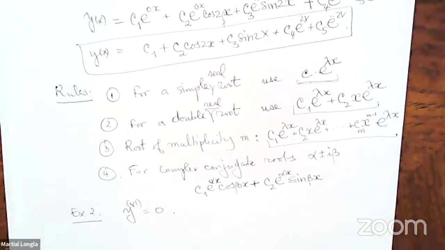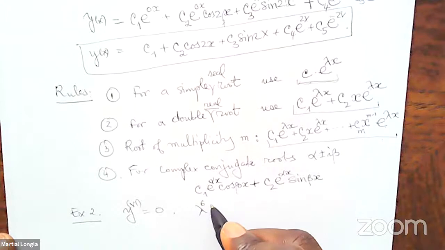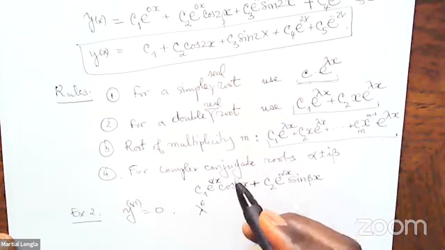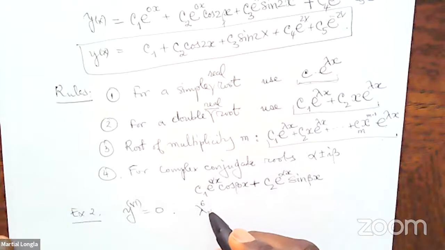Lambda to the 6. Yeah, and then something is missing: lambda to the 6 equals 0. So solve it.